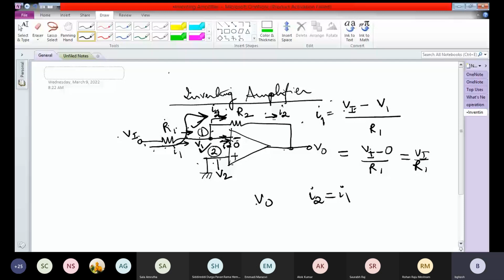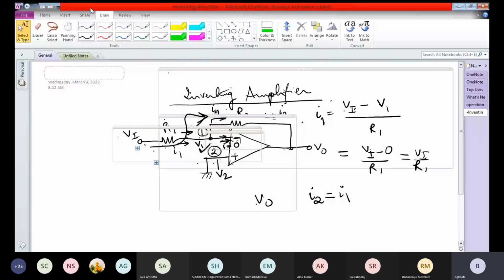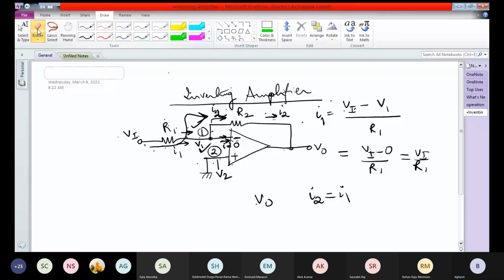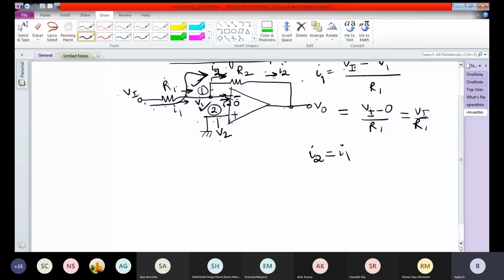So therefore, V0 will be equal to V1 minus I1 R2.